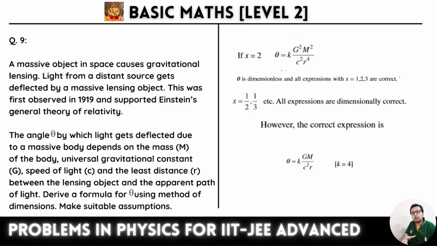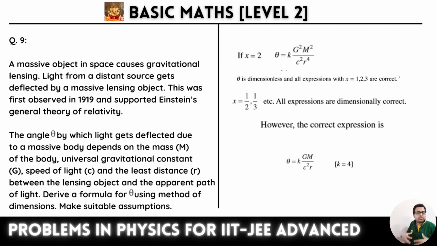So this is a drawback if you are using dimensions to calculate the formulas, because you see that you can calculate multiple formulas. Definitely there cannot be multiple formulas, there will be one formula, one exact relation. That relation we calculated with some experiments.